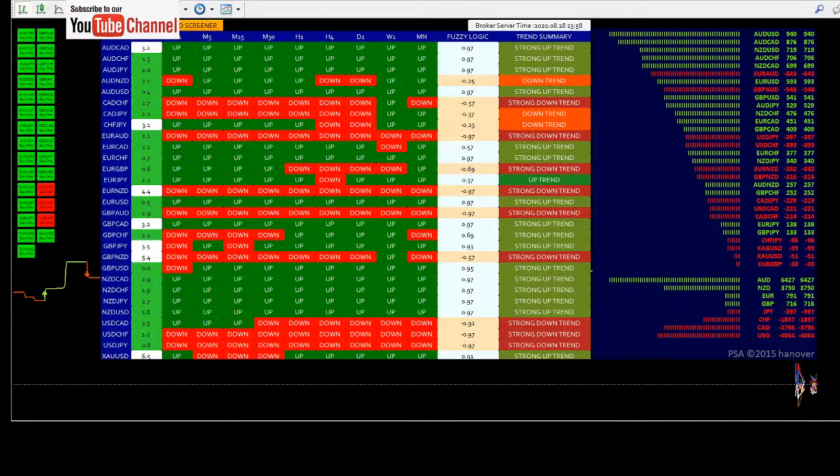Can you look at dollar index? I think there's no need because I don't trade it.